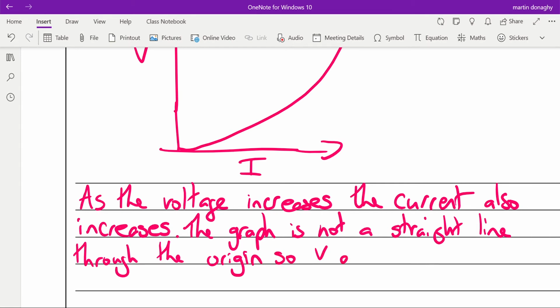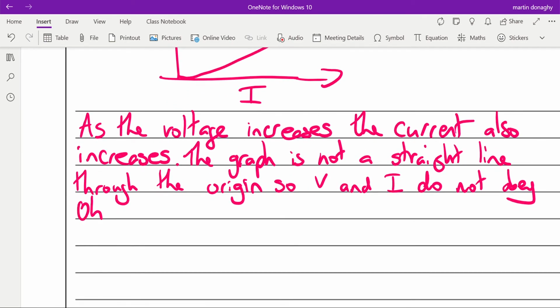So voltage and current do not obey Ohm's law. Okay, they are not directly proportional. The next step is trying to explain why then.